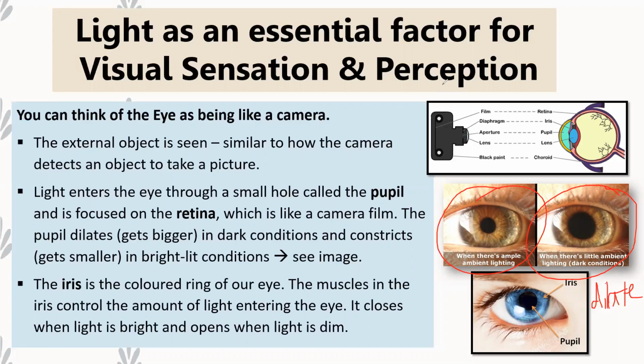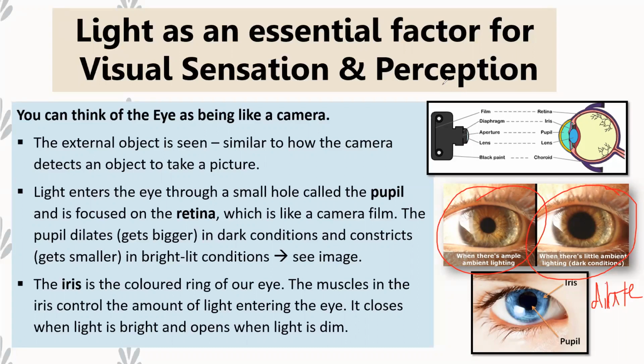But rather than just giving our eye its physical appearance, the iris is also important because the muscles of the iris actually control how much light enters the eye. So if light enters your eye through the pupil, which we just looked at, the iris controls how much light is coming in, okay?